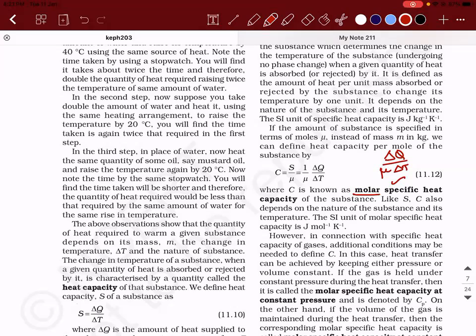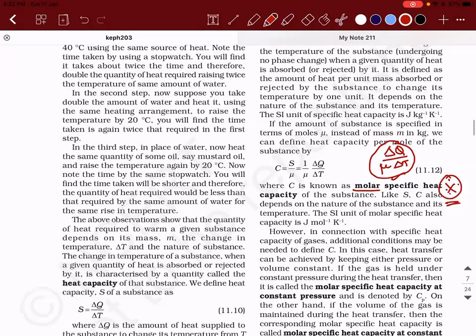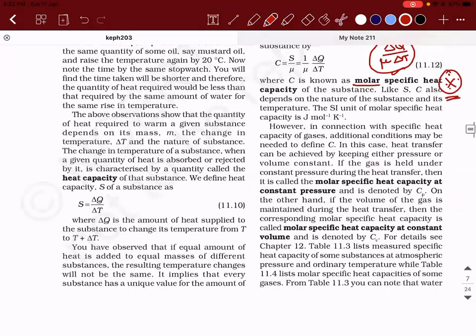Delta Q divided by mu into delta T, where mu represents the number of moles. This is the one which we'll be dealing in the next chapter. Molar specific heat. Am I clear, guys? So SI unit is going to be joule per mole per Kelvin, and CGS is going to be calorie per mole per Kelvin.